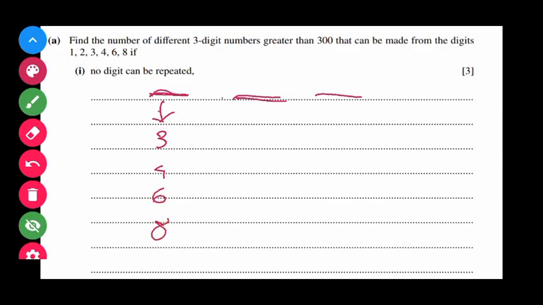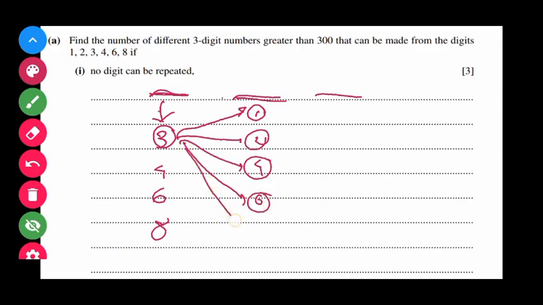If 3 is chosen, the second place may be either 1, 2, 4, 6, or 8.